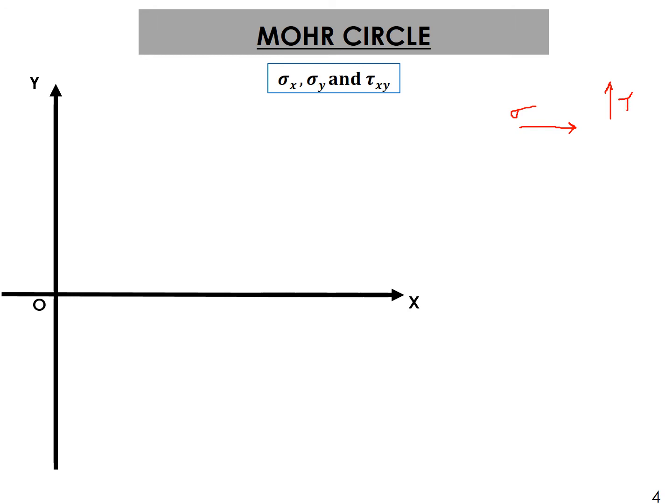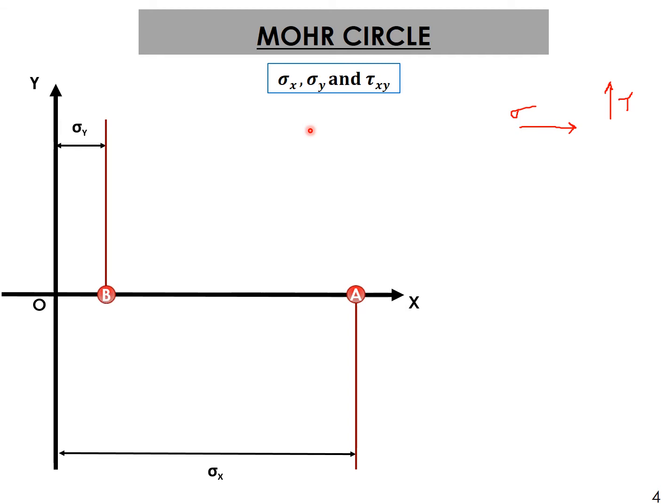So we have two normal stresses. From point O, we move along the horizontal line, and we take a value of sigma x. This point A has been marked at a distance of sigma x from point O. Still we have one more normal stress. Again, from point O, we have marked sigma y, point B. So simply we are going by the coordinate axis.